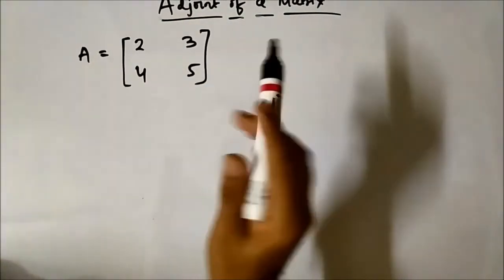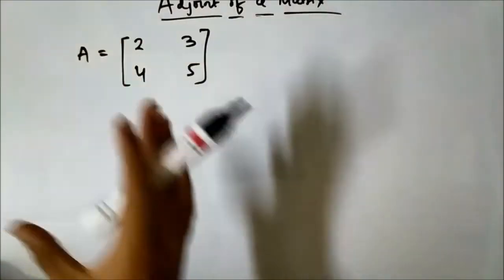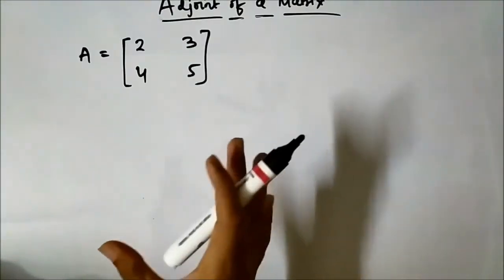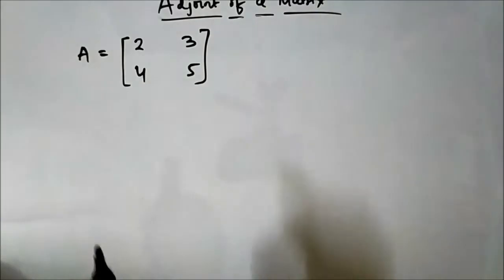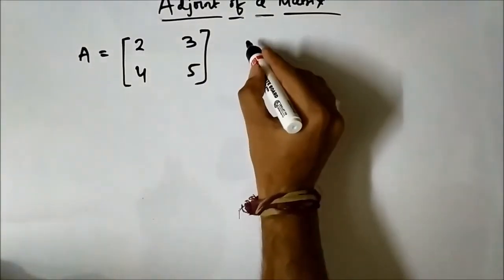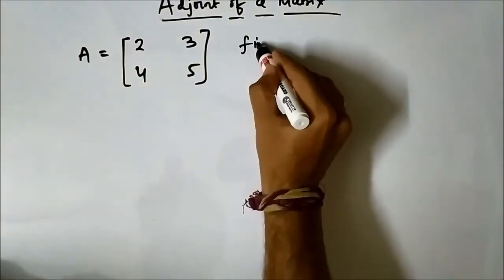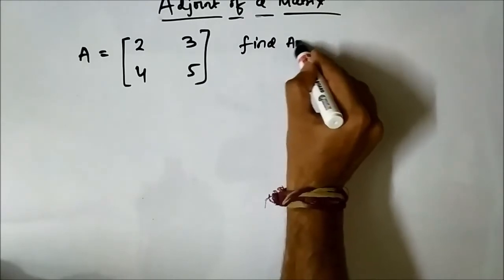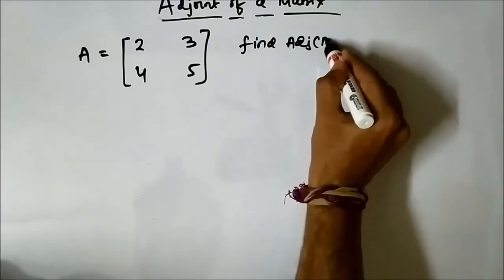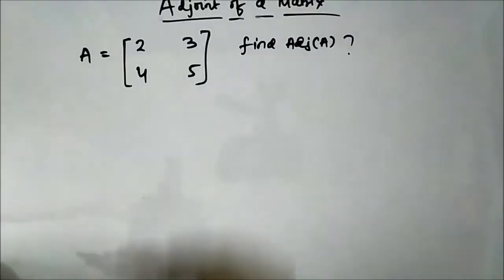Okay, so now let us verify the shortcut method by solving the given example, where we have to determine the adjoint of the given matrix. We'll do it using the shortcut method.